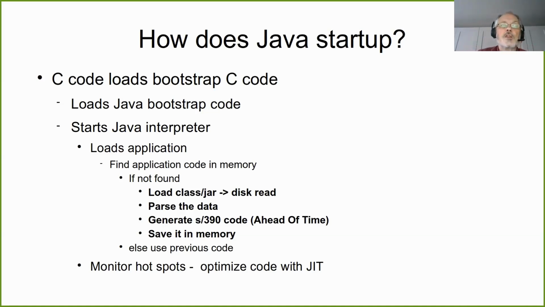So you do not have to go through loading the class, parsing the data, etc. And that's the benefit of the Java shared cache. It'll still do optimizing of the code, and as JIT optimizes the code, it'll update the shared memory. And so over time, the shared memory element gets updated.